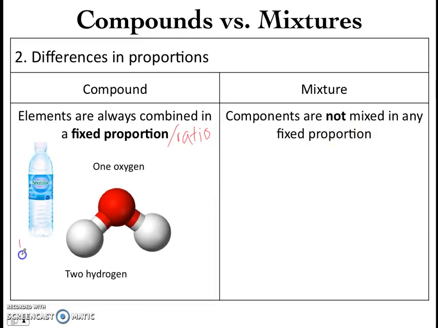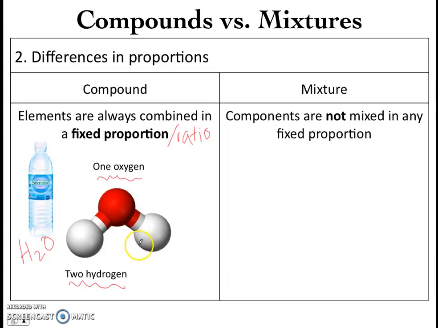Water we know has the symbol H2O. Now that tells us that for every 1 unit of oxygen that we find in this bottle of water, we will find 2 units of hydrogen. That means it must always be 1 oxygen combining with 2 hydrogen. That's the ratio that is fixed. You will never find another ratio.